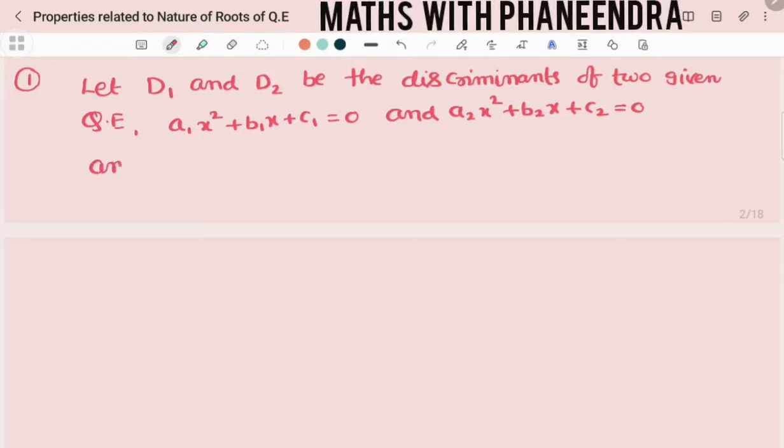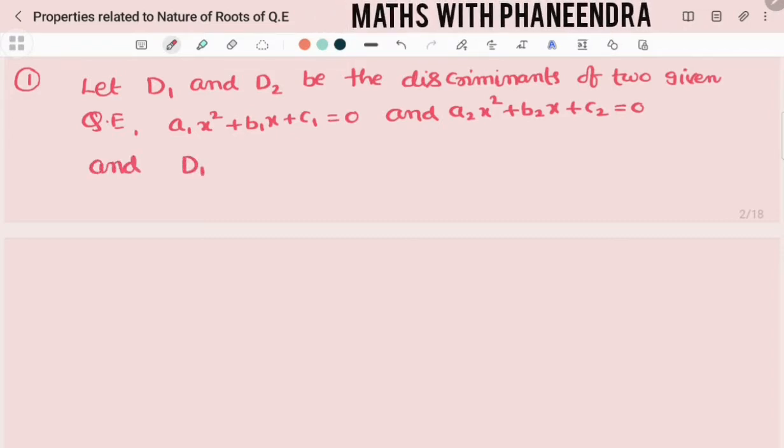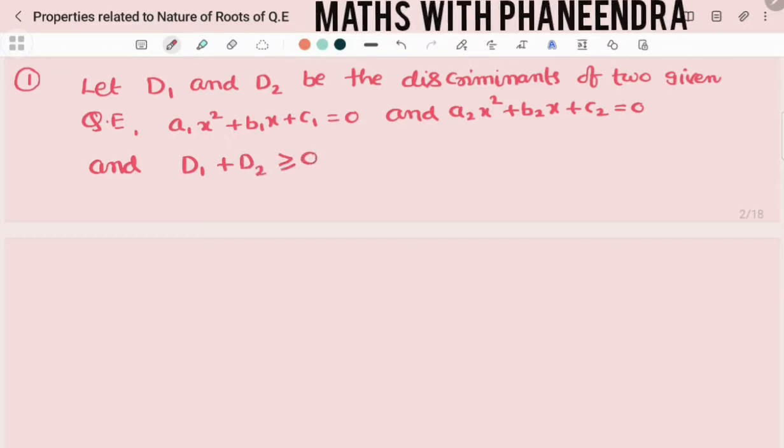And the sum of discriminants D1 plus D2 is greater than or equal to 0.